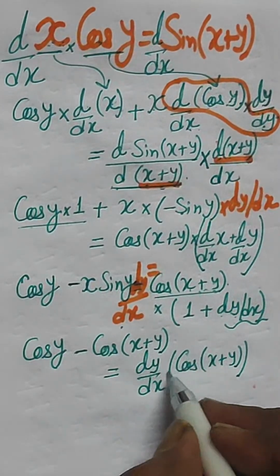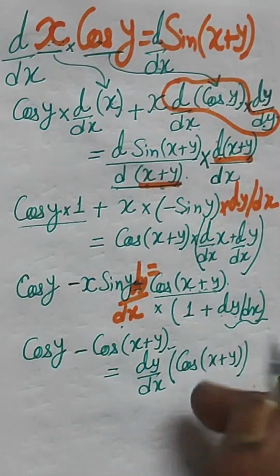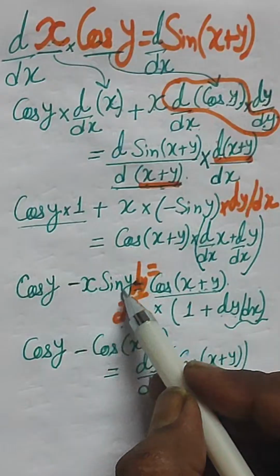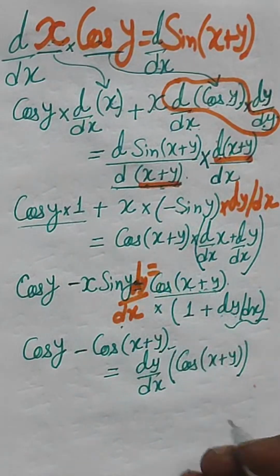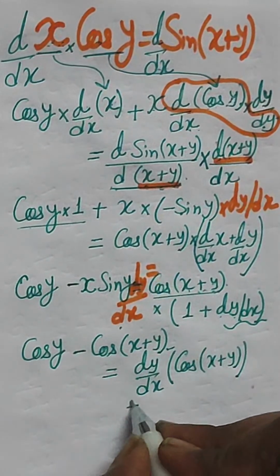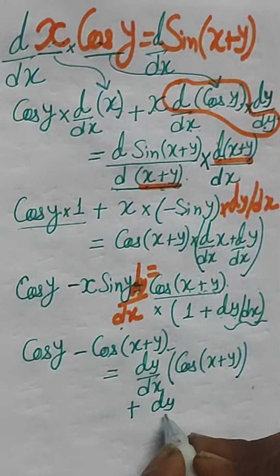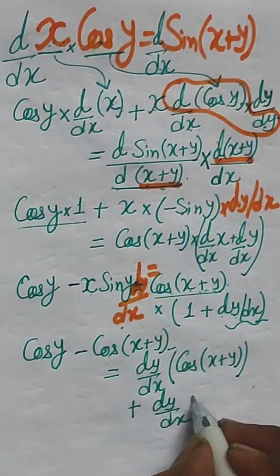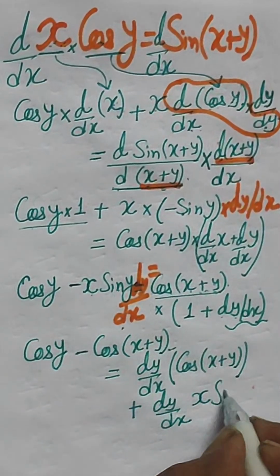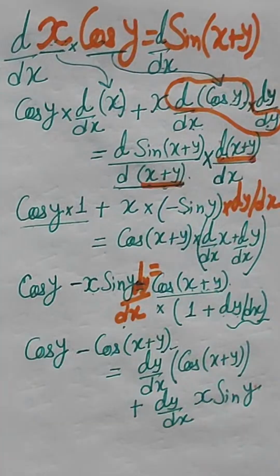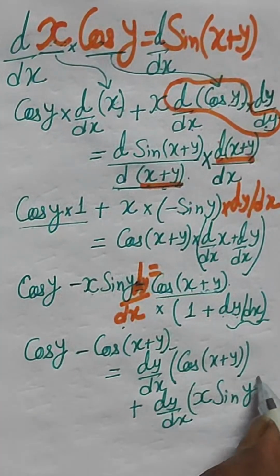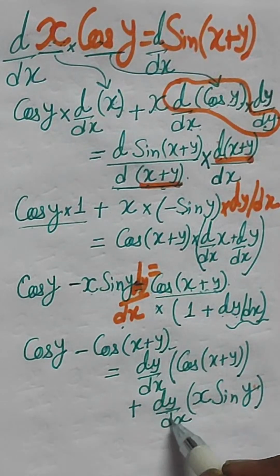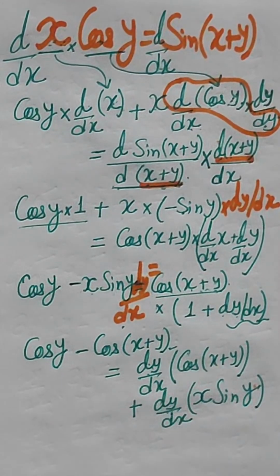Now since this was taken as common, common can be taken into the next step. Just push this minus x sin y dy by dx to the RHS. So this will give you plus dy by dx of x sin y. Am I right? Now you can see dy by dx can be taken as common into the RHS.